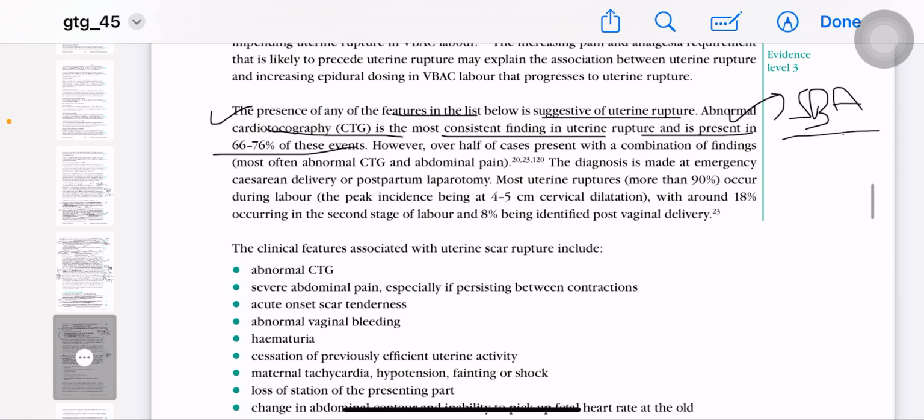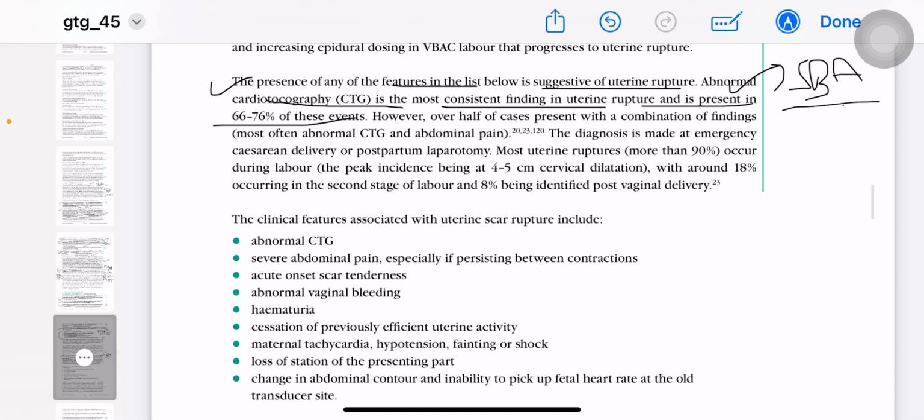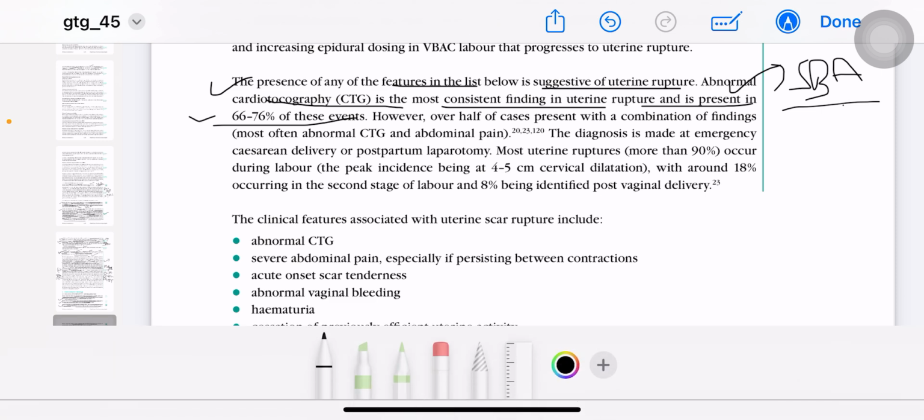The best predictor is CTG at 67%. However, in half of the cases with a combination of findings, abnormal CTG and abdominal pain, the diagnosis is made at emergency cesarean or postpartum laparotomy.